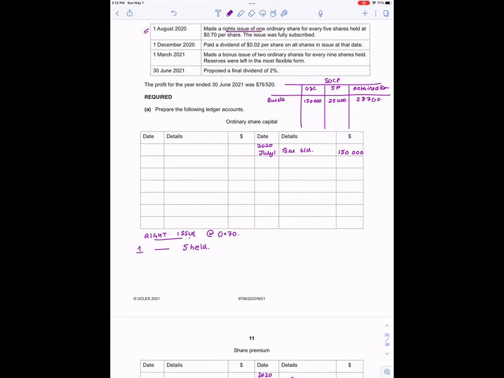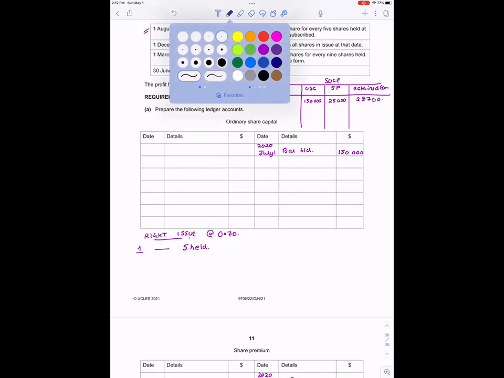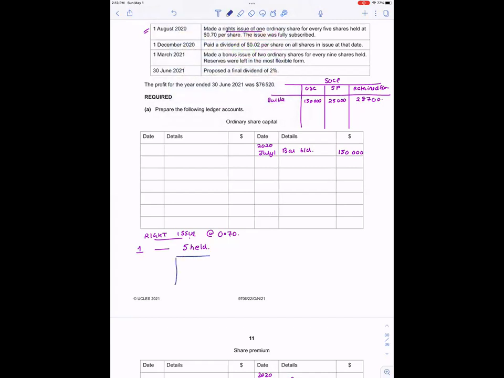So how many do I hold right now? 150,000 divided by 0.5 will give you the number of shares held. Share capital divided by the face value will give you the number of shares held. If you want, I'll do it over here.